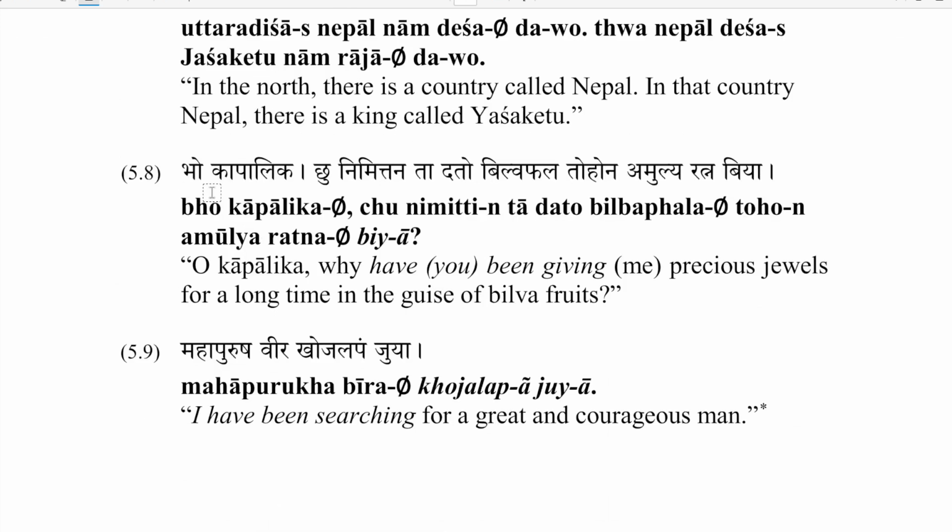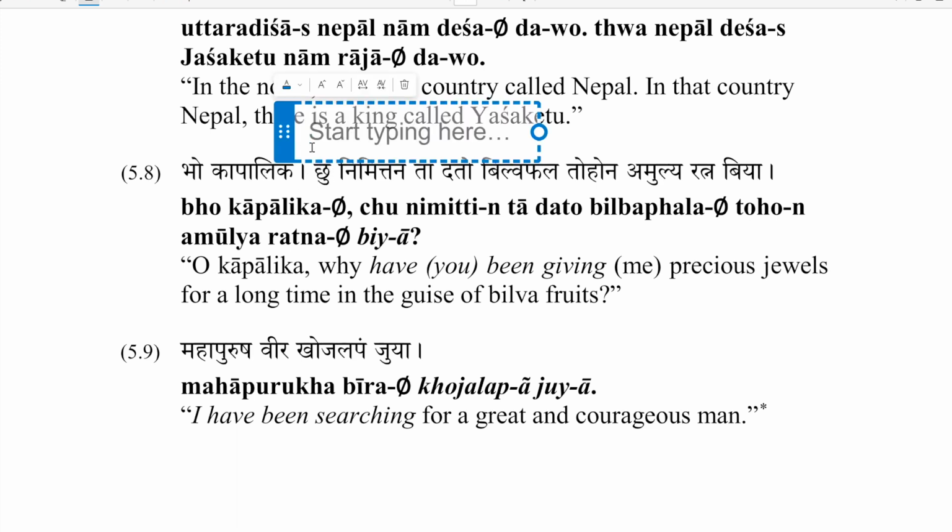The second one: Bho Gabaliga Chunimidana, Dadado Bilwapala Dohona Amulia Redanabia. Bho is an interjection, Gabaliga is the ascetic. And Chu is the interrogative. So, why? What's the difference between Chu and Chana? The same.